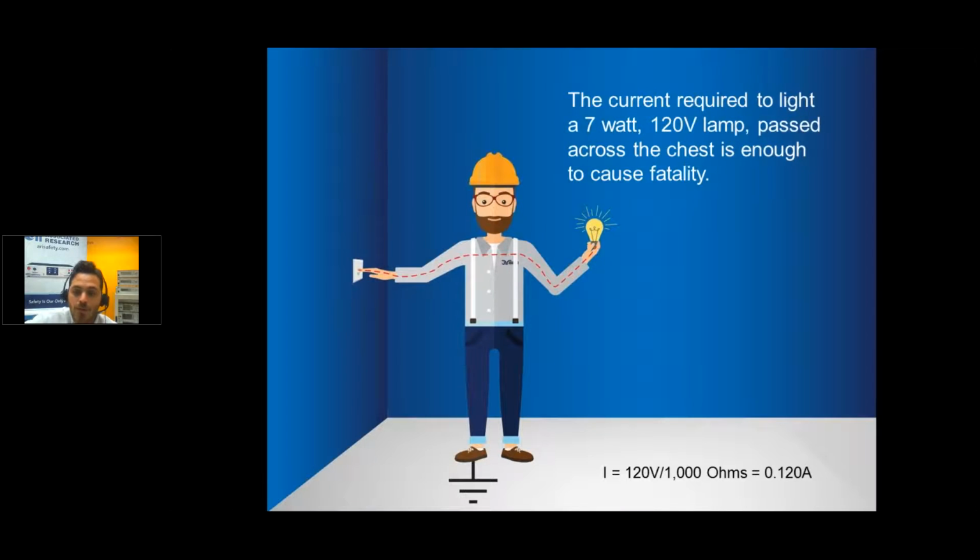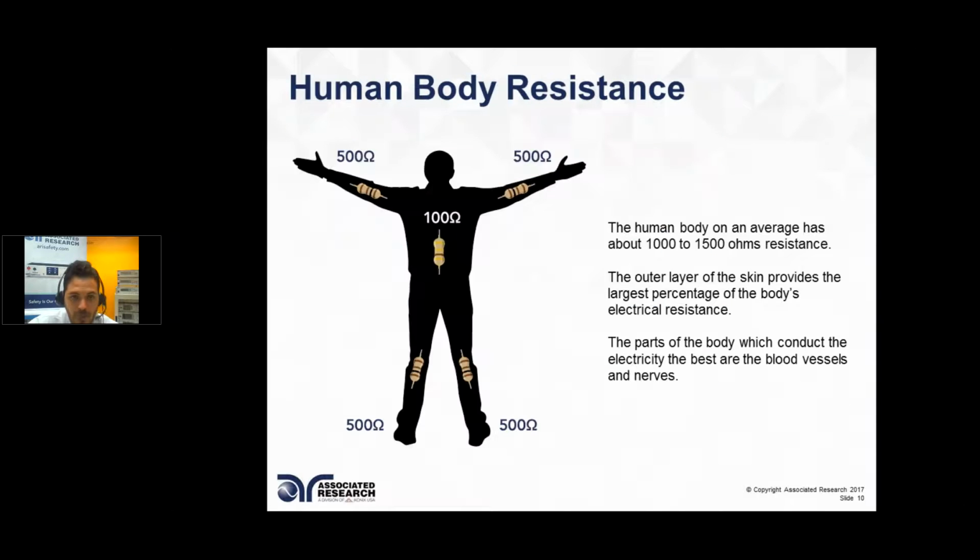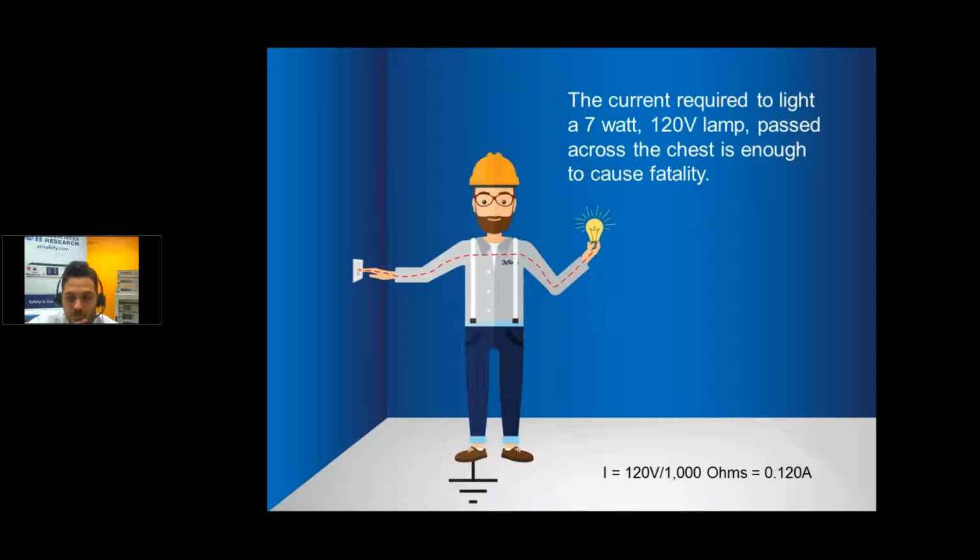And if we go back to that table, 120 milliamps, well, extremely painful, respiratory arrest, ventricular fibrillation, and death is possible. So that's just to give you general insight, right? Just general understanding of how much danger there is behind that wall outlet.